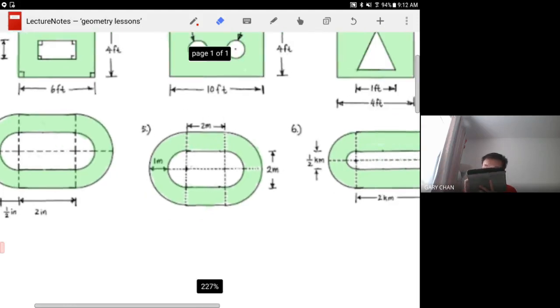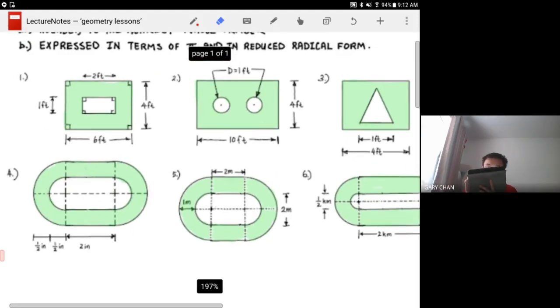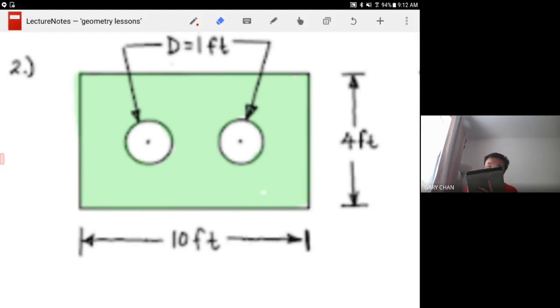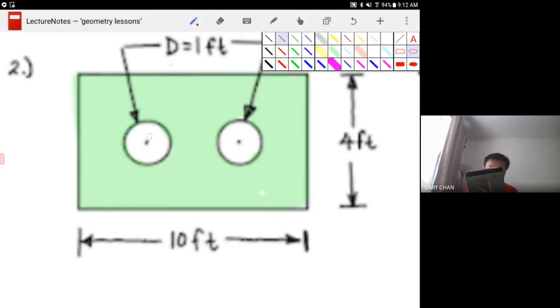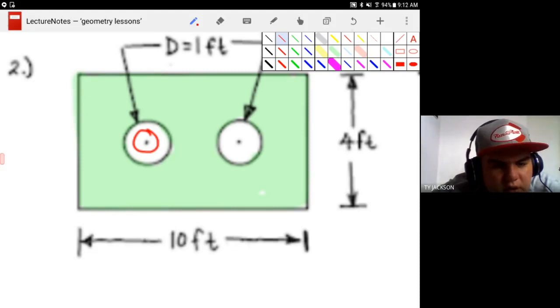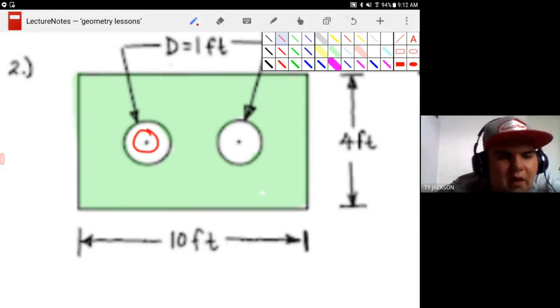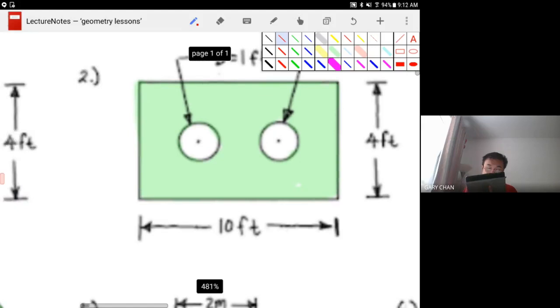So I need you guys just to be clear on the notations here. What is the significance of that point there? It's the center of the circle. That's right. That's the center of the small circle there.